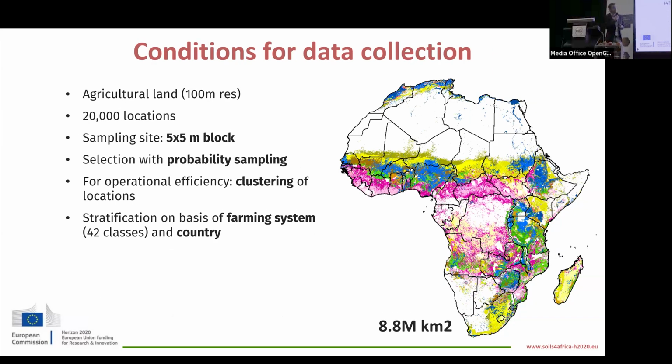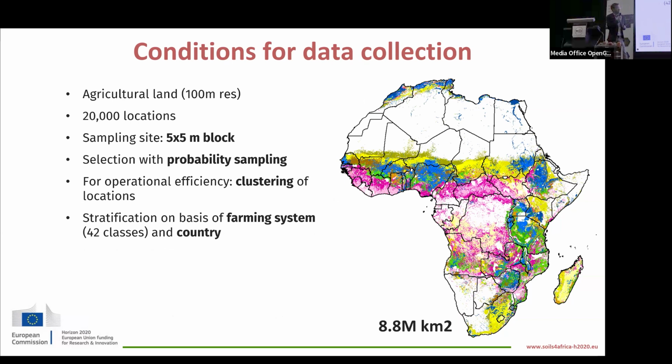Before we started sampling, the project defined a couple of conditions that we should take into account when we are collecting these soil samples across the entire continent. Like I said, agricultural land, broadly defined. We developed this map and use that as a basis for our sampling design, with the different colors indicating different types of agricultural land.